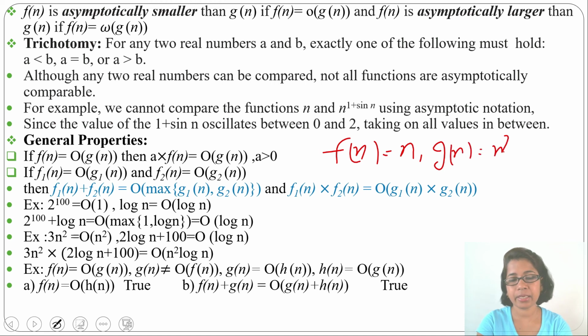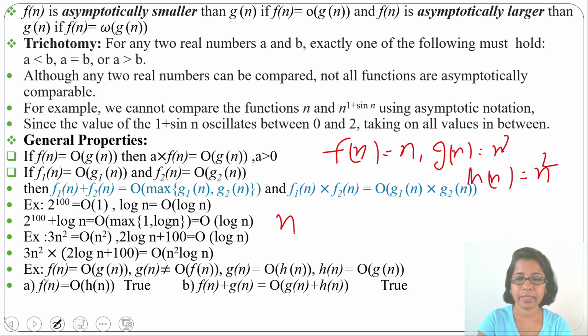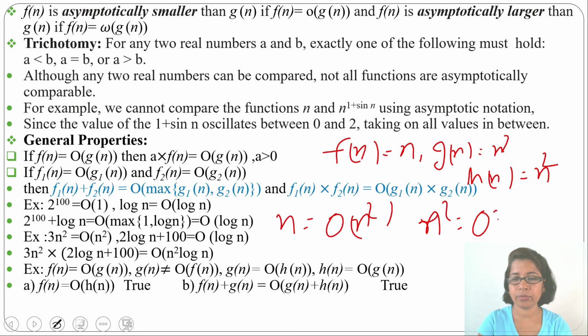And here g(n) equals O of h(n) and h(n) equals O of g(n), means both are the same. So you can write h(n) also as n square. You can write n equals O of n square, equals O of n square. This is for g(n) and h(n).